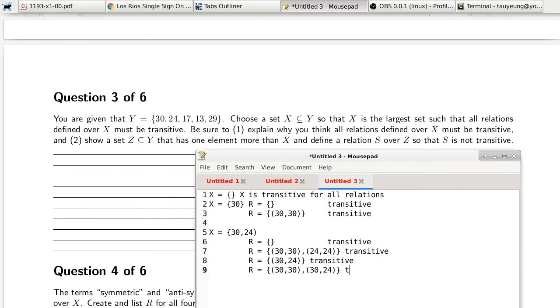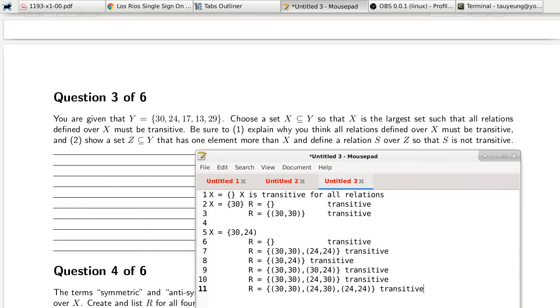Is that transitive? Well, it is still transitive. What if R has 30, 30, 24, 30? It is still transitive. What if R has 30, 30, 24, 30, 24, 24? It is transitive.